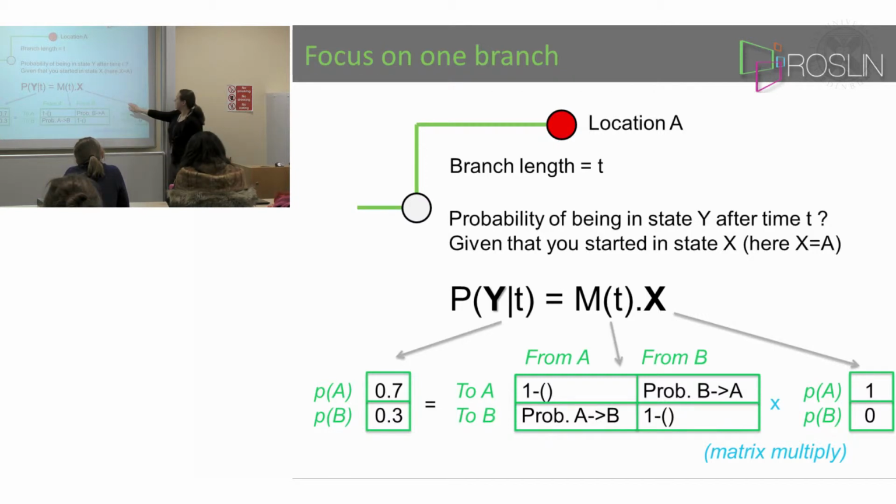So here X is a vector, think of it as a column vector. Probability of being in location A, well, because we know this is location A, that's a 1. Probability of being in location B at this particular point, that's 0, because it's not in B. Then we have a transition rate matrix, which describes the probability of going from A to B or B to A and all the combinations.